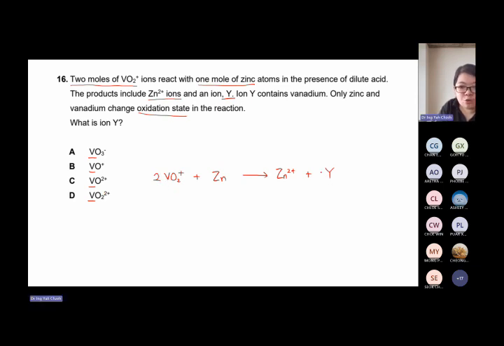So that means 2Y will be produced. They didn't balance this for you. Okay, I deduce this from the answer. Y contains only 1 vanadium, but I use 2 from beginning. So that means 2Y will be produced. So understand this part first, like why did I write like this? I'll continue.